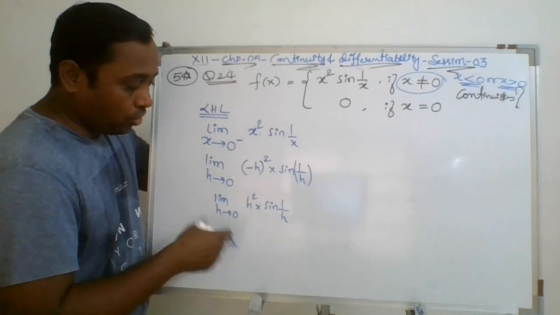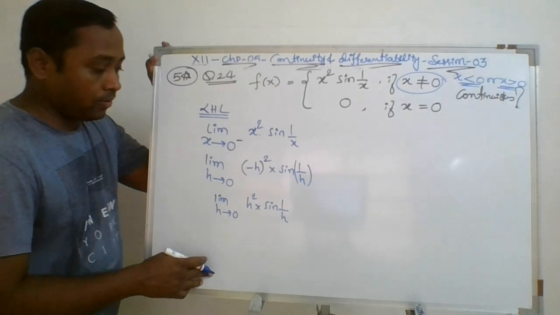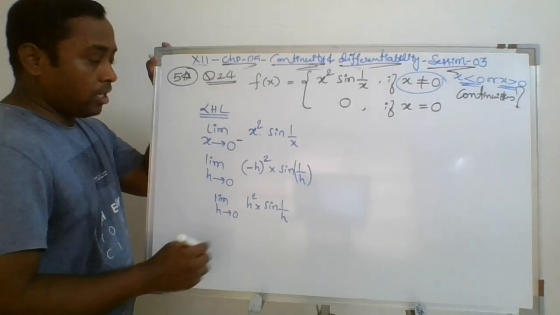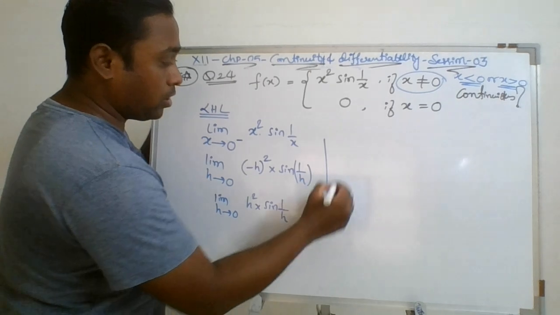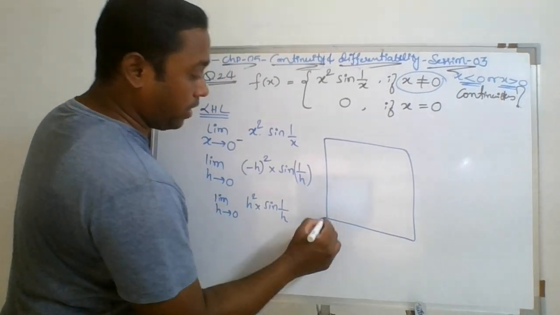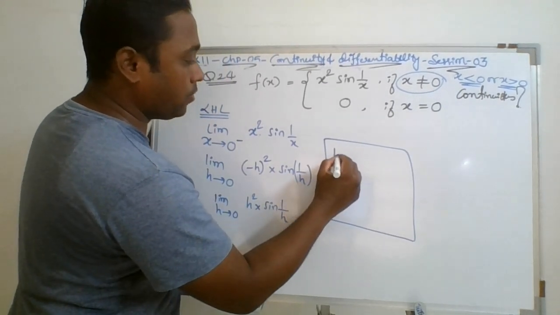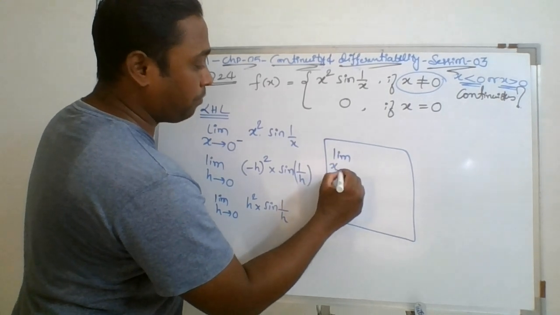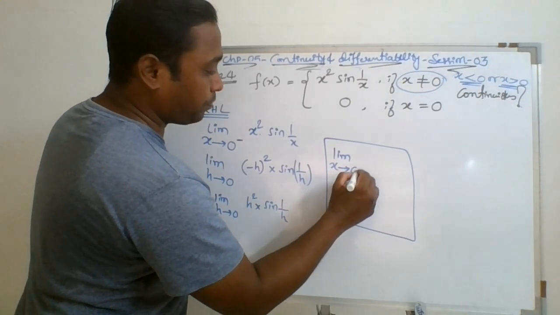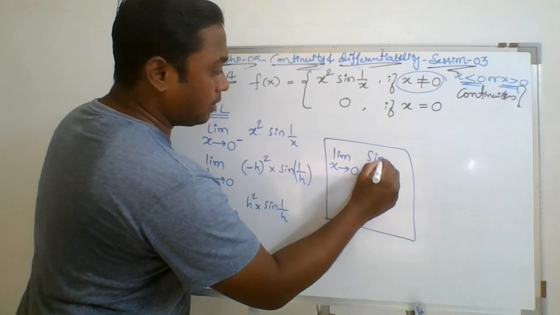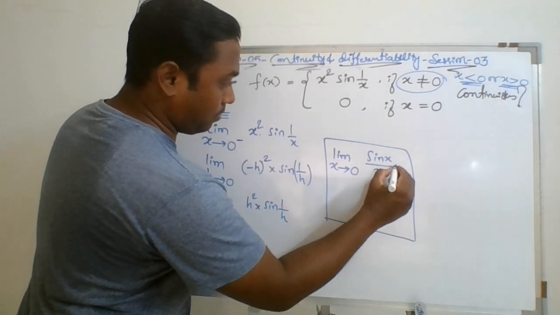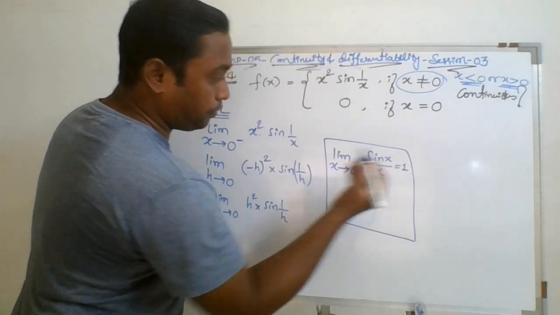So hence you need to use some trigonometric formulas, right? If I want to use a formula to simplify, look at this one: x tends to 0, sin x by x, the value is 1.